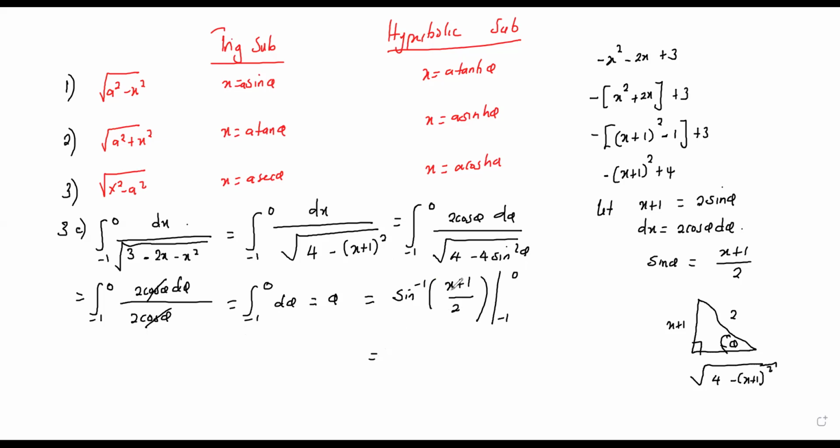So you put 0 here, you get sine inverse of half, which is 30 degrees, minus, when you put -1 there, you get sine inverse of 0, which would be so many angles, but we'll go for 0. Okay, so this gives us 30 degrees.